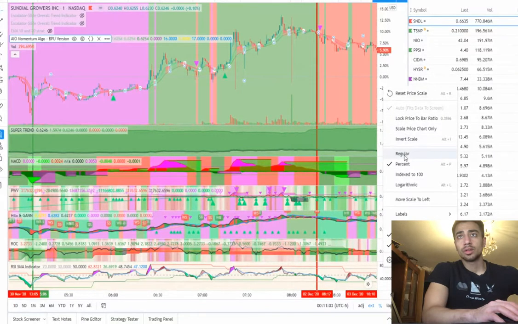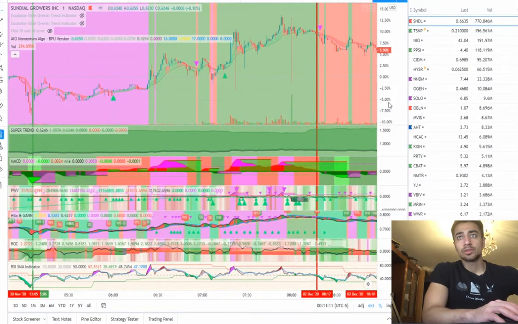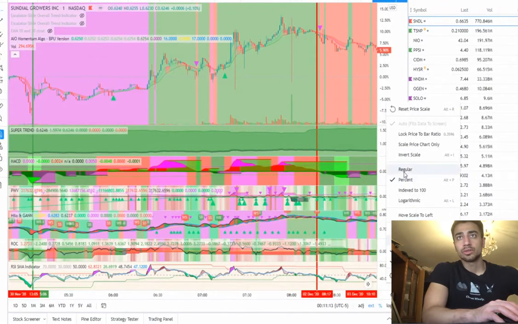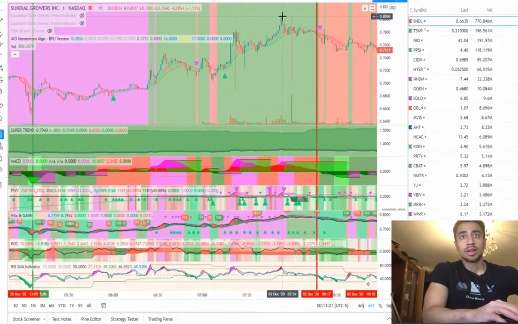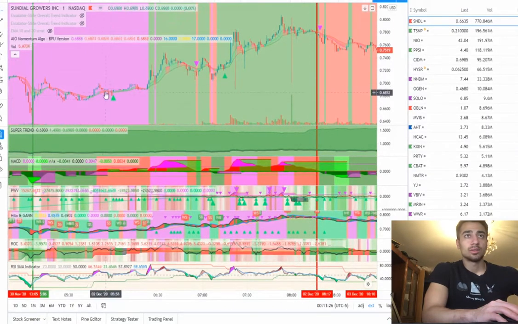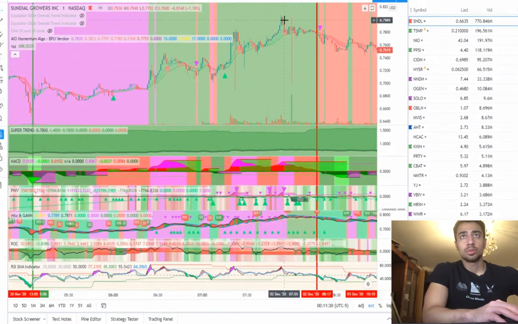Actually, in total, it's from 13% to negative 5%. So that's an 18% difference. So if you had bought here at 0.6826, you could have sold here or even here at 0.778. So 0.67 to 0.8.